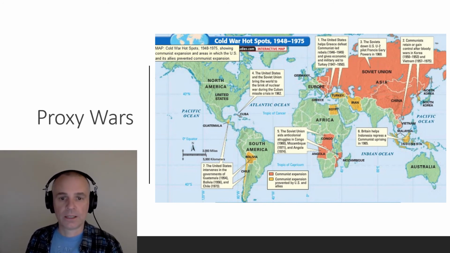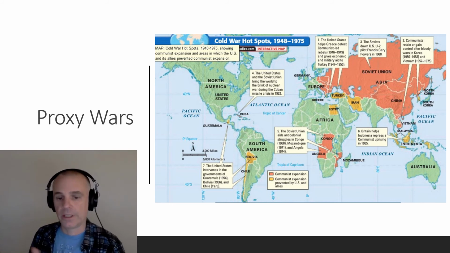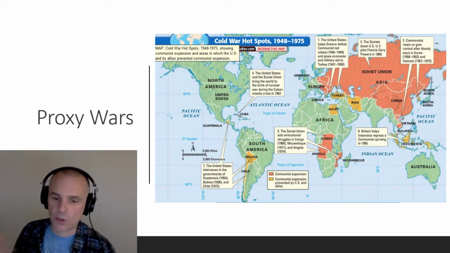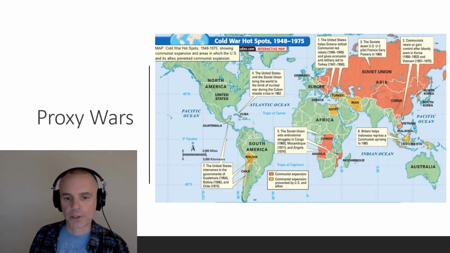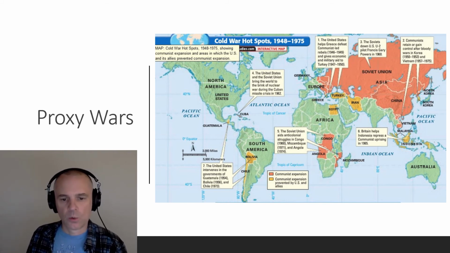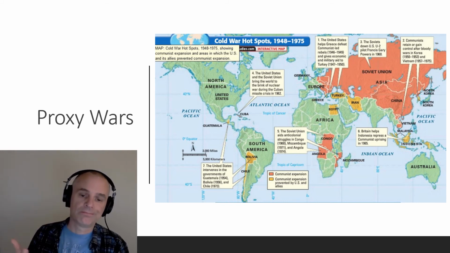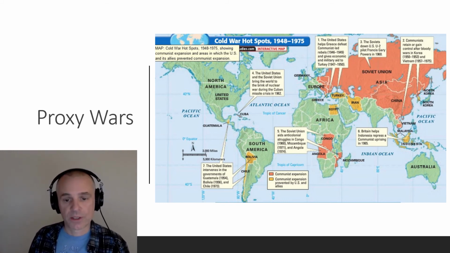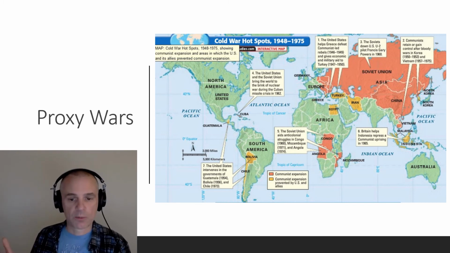However, in a lot of third world countries, meaning countries that were not already communist or already part of the US-led capitalist, usually democratic forces, although not always, there were a lot of little wars, which actually were quite big wars very often, between sides of countries, civil wars often, or wars between countries, where the United States might support one side and the Soviets might support the other.